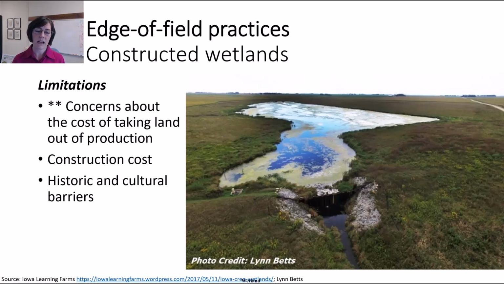And then I also want to say there are some, I think, more subtle historic and cultural barriers, and really policy barriers that we deal with. One being, we've been draining the land in our landscape for over 150 years.